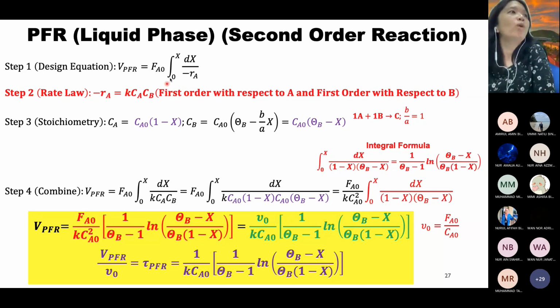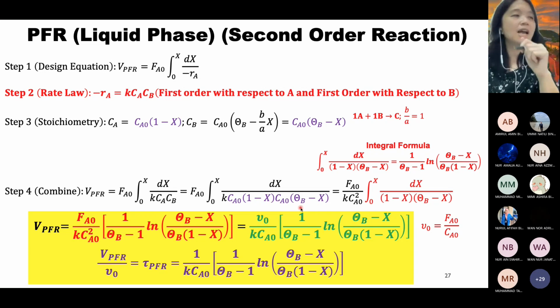Right, so now we combine again 1, 2, and 3. Okay, so volume PFR equals FA0 integrating 0 to X dx per minus RA, which I have turned into k CA CB. Again, CA and CB cannot be taken out of the integral with respect to X. So I substitute CA equals CA0 in bracket 1 minus X, CB as CA0 in bracket theta B minus X. So now CB is also in the equation, in the form CA0 in bracket theta B minus X. Then, the same case, k CA0, there are two CA0 because it is CA CB.